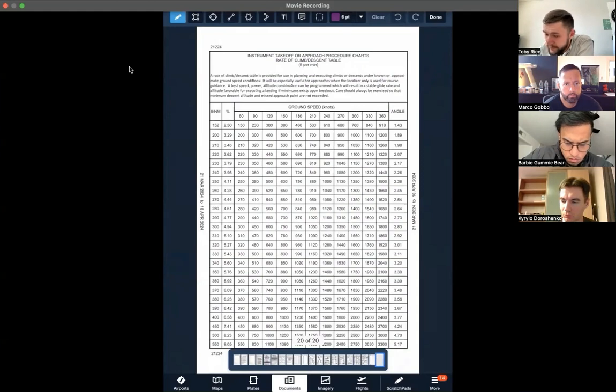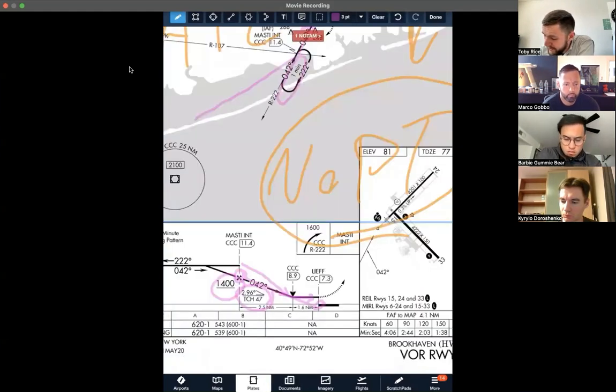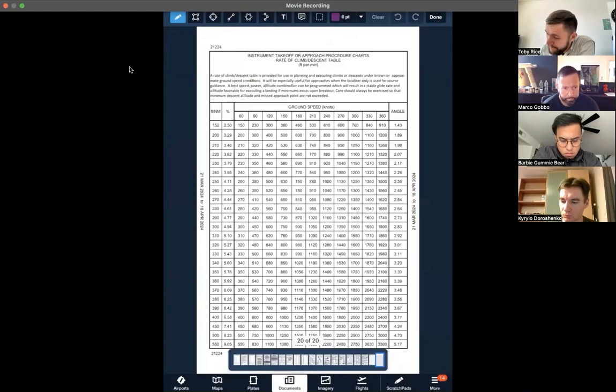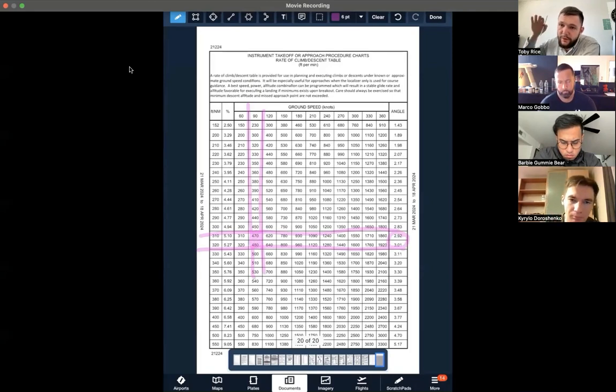At an angle of 2.96, we'll say that's between these two. Draw a line here, draw a line here. 90 knots is here, so about 475 feet per minute. You could just fly that after MASTI from 1,400, and that would take you smoothly all the way to the runway at 90 knots ground speed.